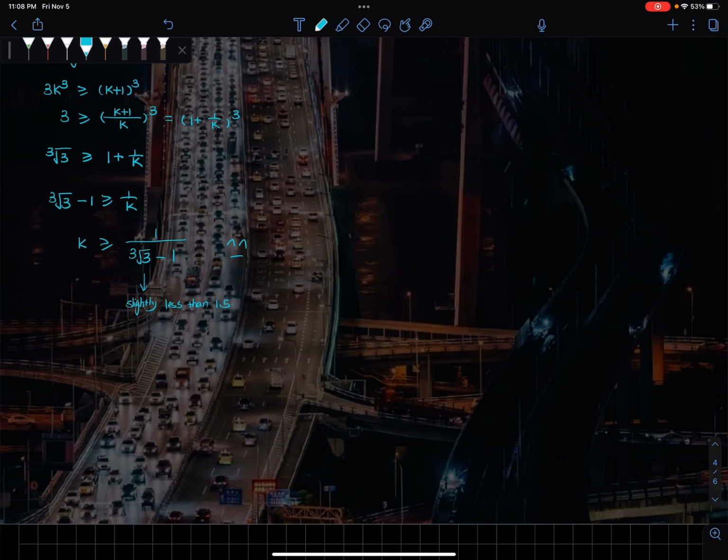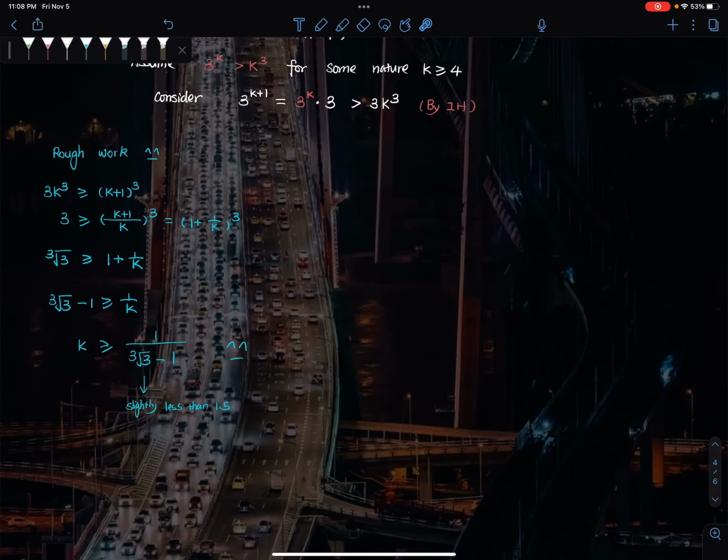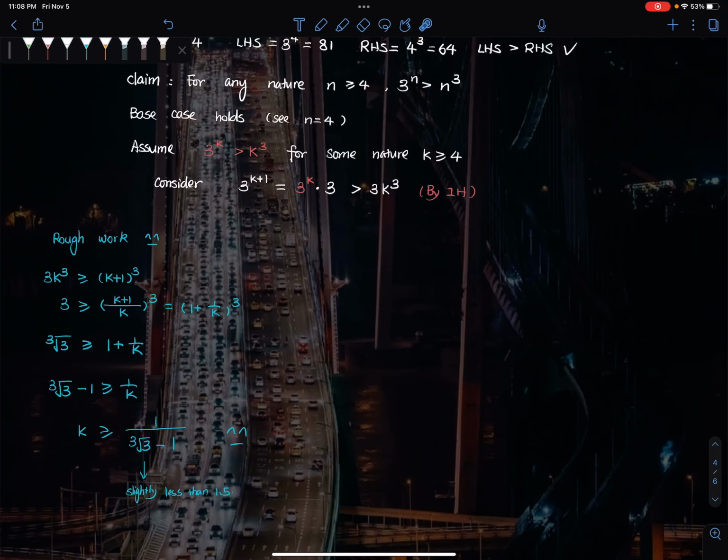Okay, hopefully you got what I said. My whole point is my k is actually greater than or equal to this, because it's at least 4, and this number is less than 4. So we're good. Now, go back to your proof. So you can start with k greater than or equal to 4. Since k is greater than or equal to 4, then 1 over k is less than or equal to 1 over 4.